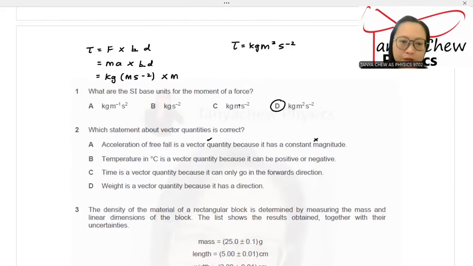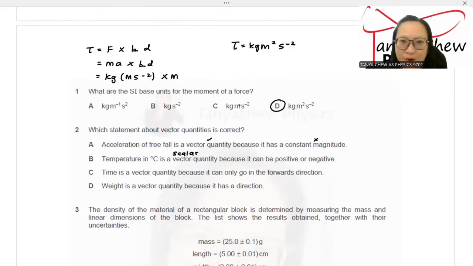Now, this explanation is wrong. B, temperature in degrees Celsius is a vector quantity because it can be positive or negative. I want you to remember, temperature is one of the base quantities, and all the base quantities are scalars. So temperature is a scalar quantity instead of a vector. C, time is a vector quantity.